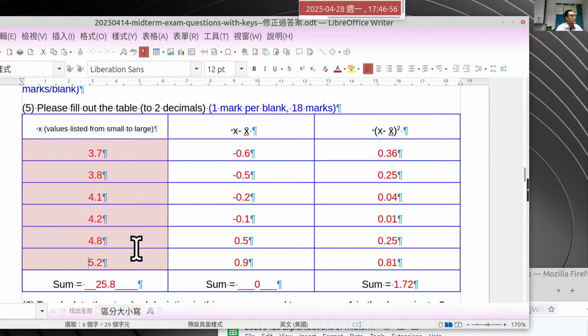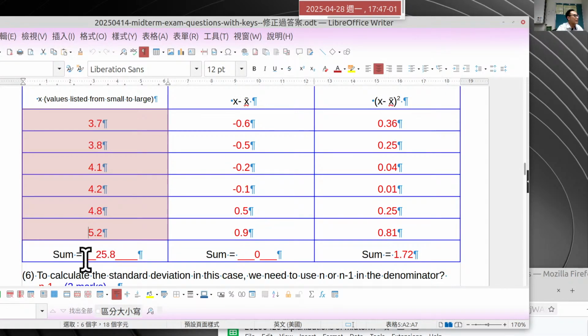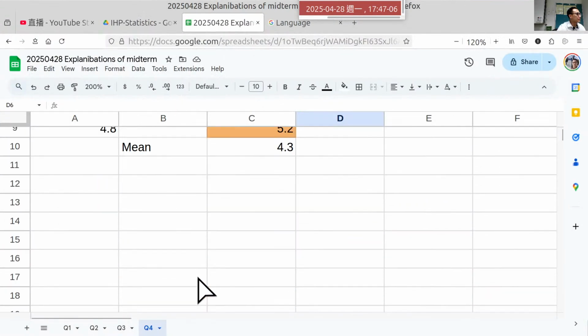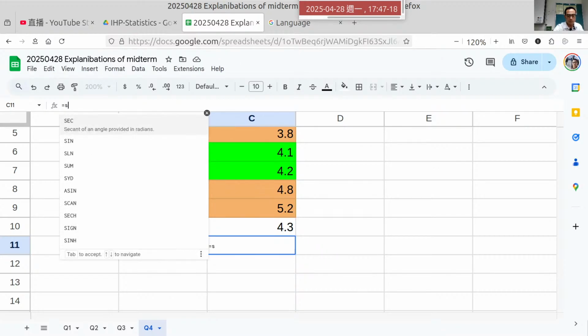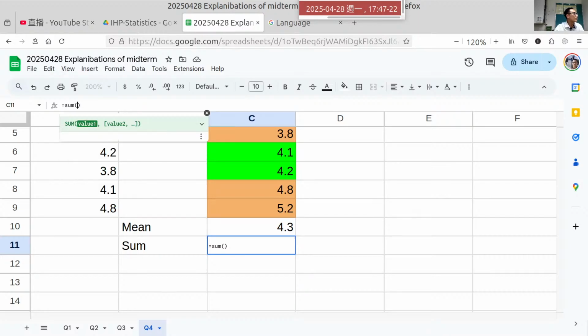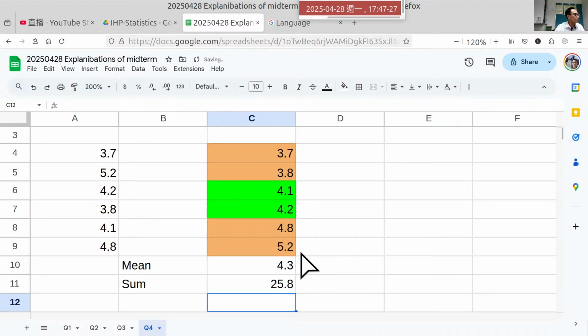First, we list the weights of the cats from little to big, and the sum is 25.8.